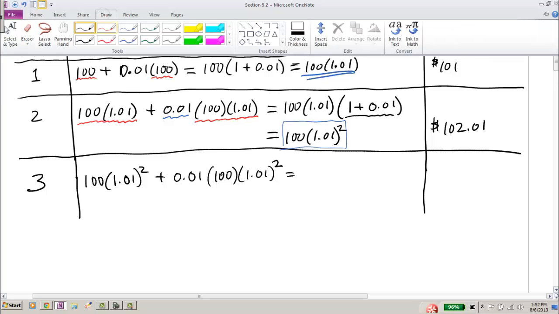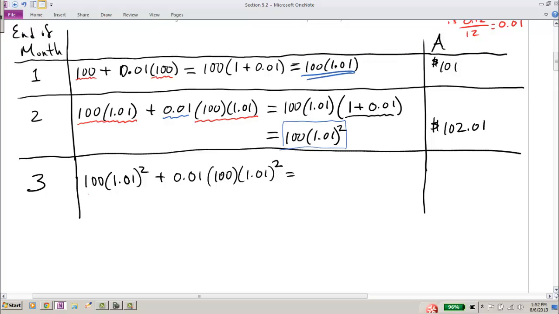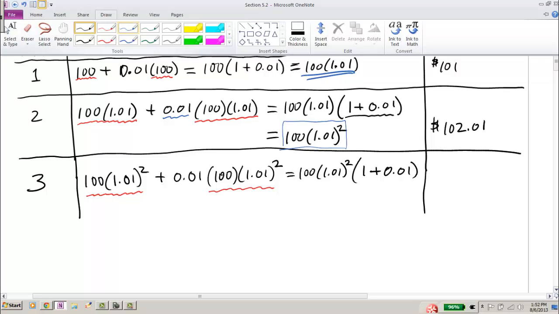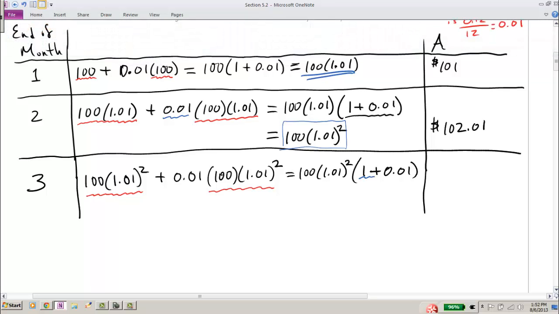At this point, it probably comes as no surprise that we have a common factor. We've got 100 times 1.01 squared as a factor in both of these terms. We're going to pull that out. In the first term, it's being multiplied by 1, and in the second term, by 0.01. Again, what we have in these parentheses on the right is equal to 1.01.